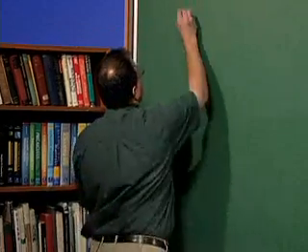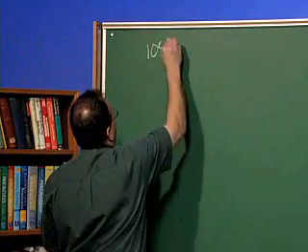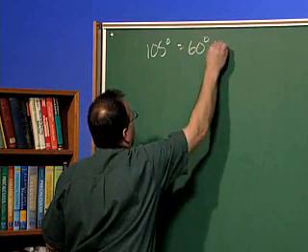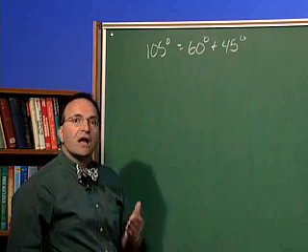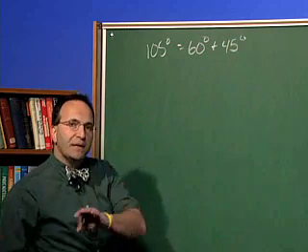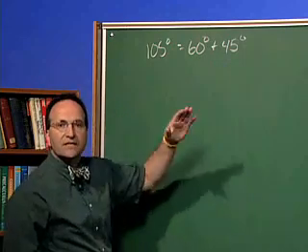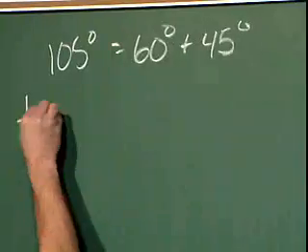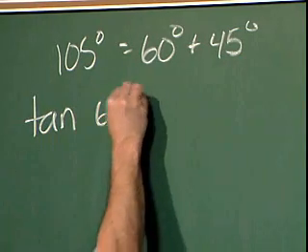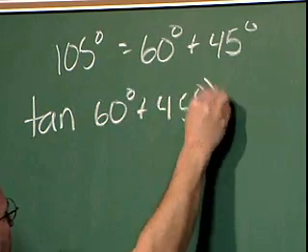The first thing to realize is that 105 is the same as 60 plus 45. And then you want to use the tangent of A plus B, where A is 60 and B is 45. So we have the tangent of 60 plus 45.